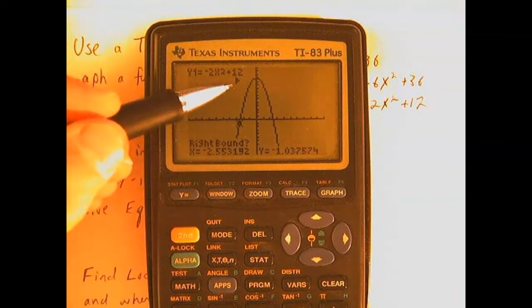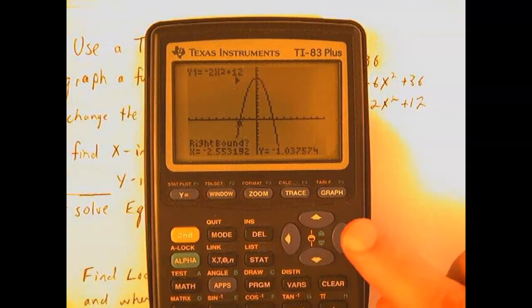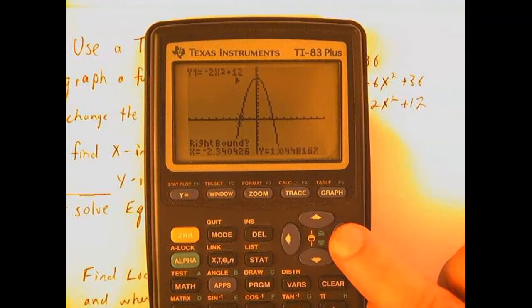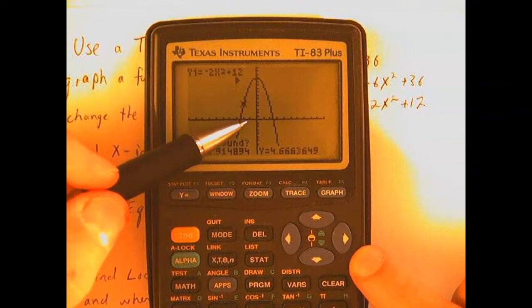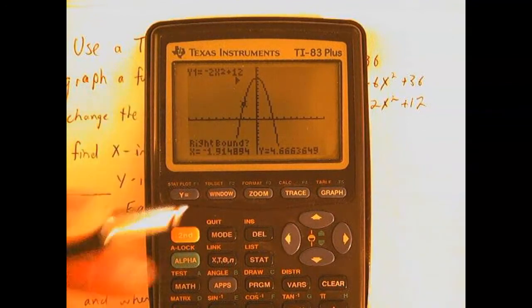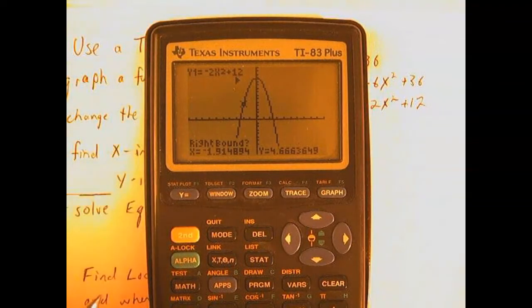And see that little arrow popped up there? It says, okay, now what about the other side? So now I'm going to hit the other direction here, and I'm just going to hit it a couple times until I know for sure that I'm to the right of the point that I want. And I know it's easy to focus on the fact that we're above it, but what's more important is not that, but that we're to the right of it. Hit enter again, and it says, okay, I'm good now.